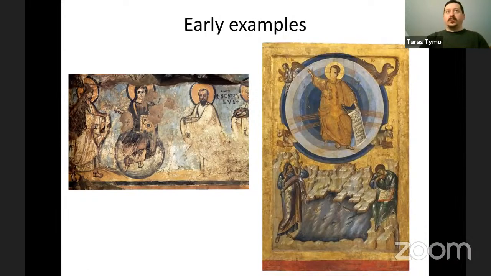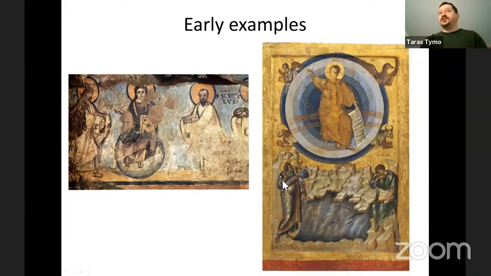the Emmanuel iconography. Here we see a fresco, a 4th century fresco from the Roman catacombs. Again, a young Jesus sitting on the cosmic sphere, surrounded by the apostles.